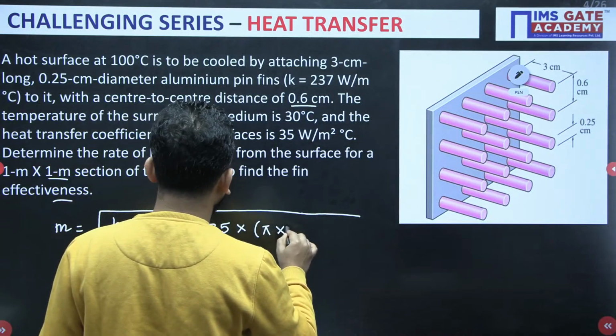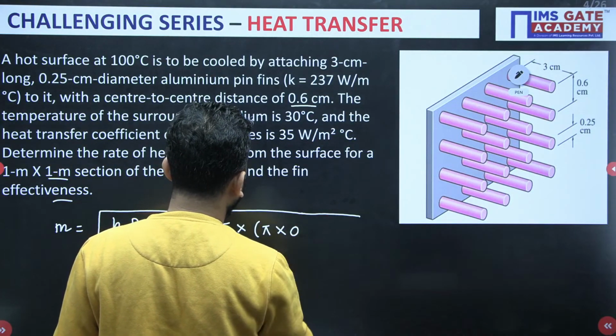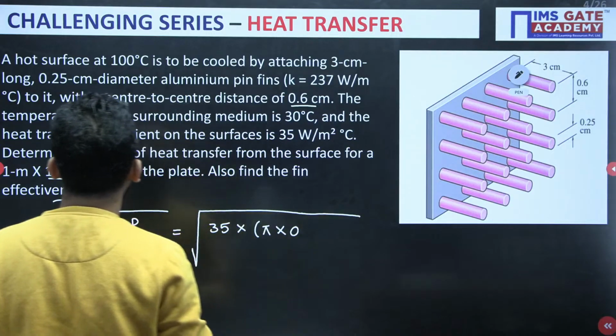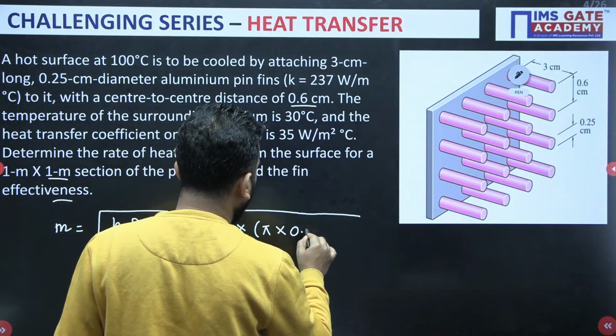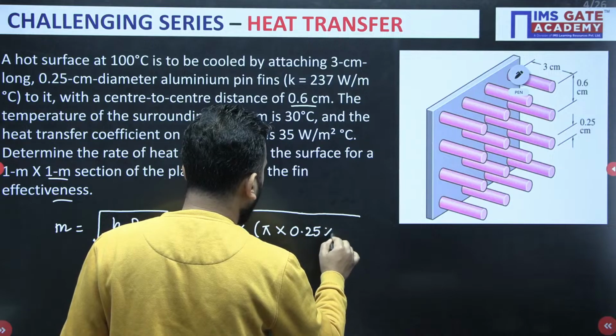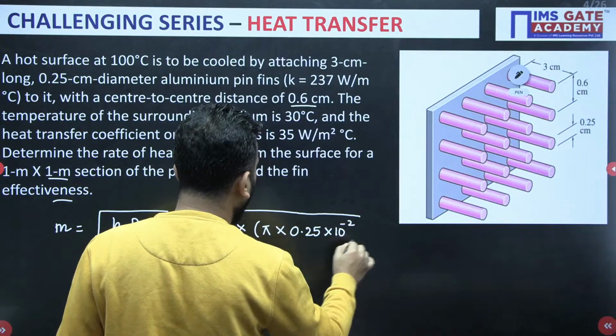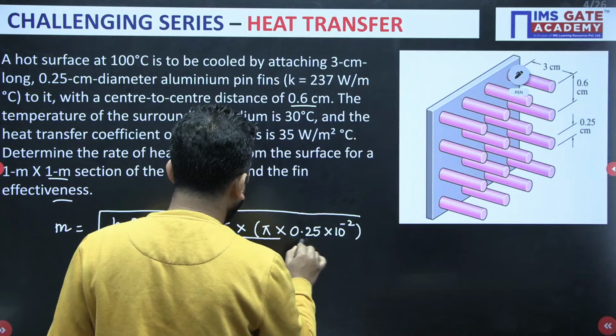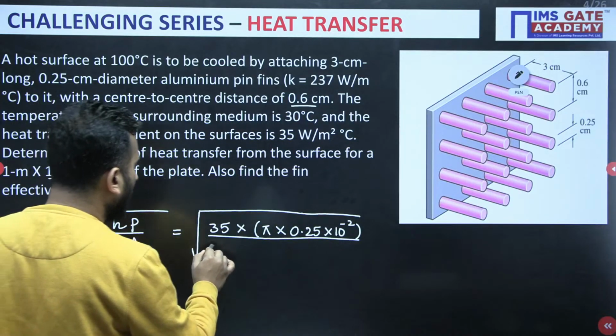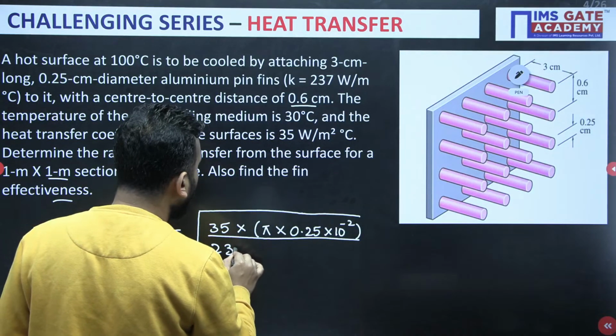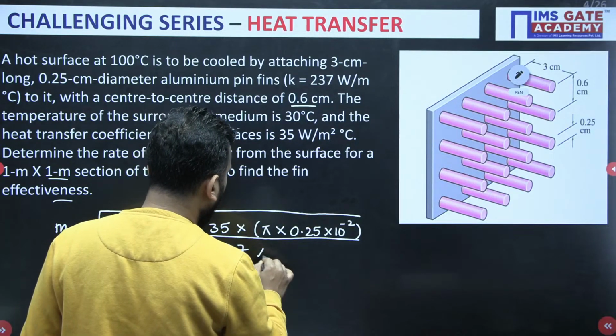So it is 0.25 into 10 power minus 2, K is 237, and what is AC?